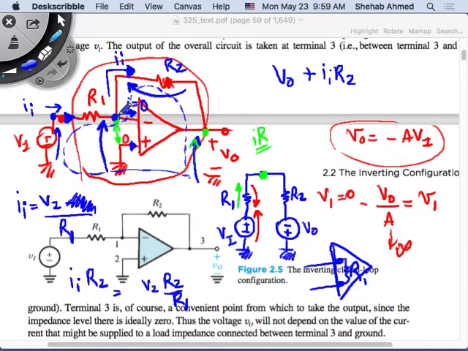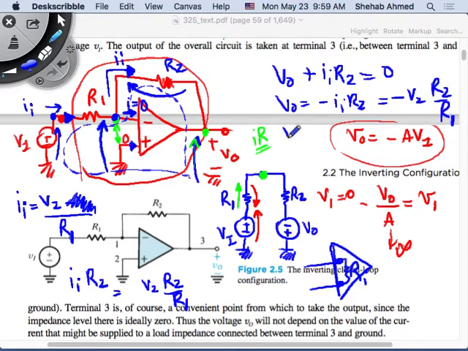I can do that, but it's easier. You know that the voltage here is 0, so you stop here. So V output plus II R2 is equal to 0. That's Kirchhoff voltage law around this loop with a virtual connection here, right? Which means that V output is equal to minus II times R2, which is equal to minus VI times R2 over R1.